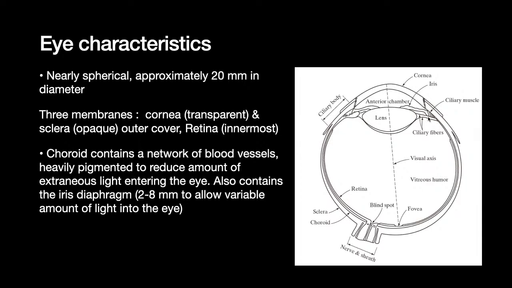So if you are reading something, watching a computer, or watching your mobile screen for a long time, as we are all doing these days in lockdown, your ciliary fibers are always being stretched for a very long time, and that will lead to their wear and tear very quickly.